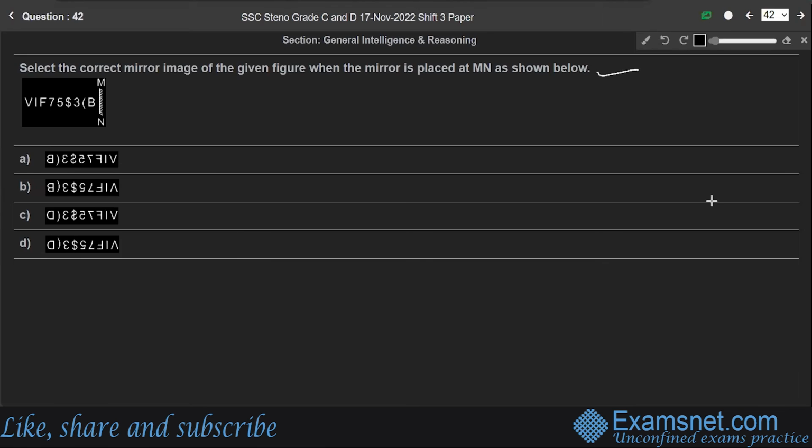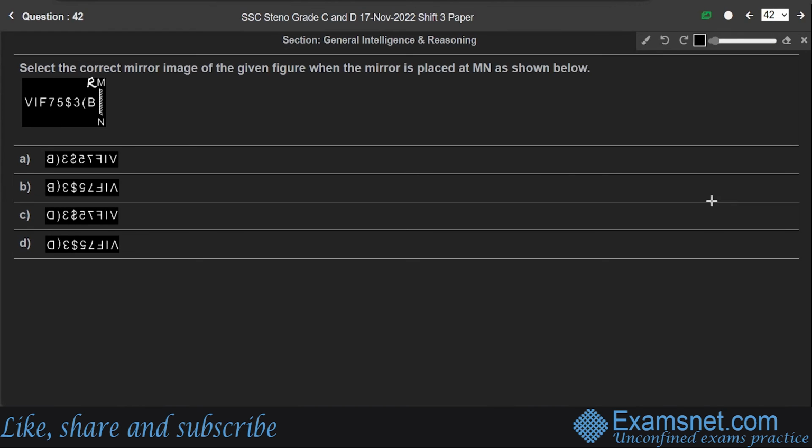Question 42. Select the correct mirror image of the given figure when the mirror is placed at MN as shown below. So this is the given figure, which contains a few letters, numbers, and even a few symbols. So when a mirror is placed at MN, the rightmost letter or figure of the given figure appears as the leftmost figure of the image.